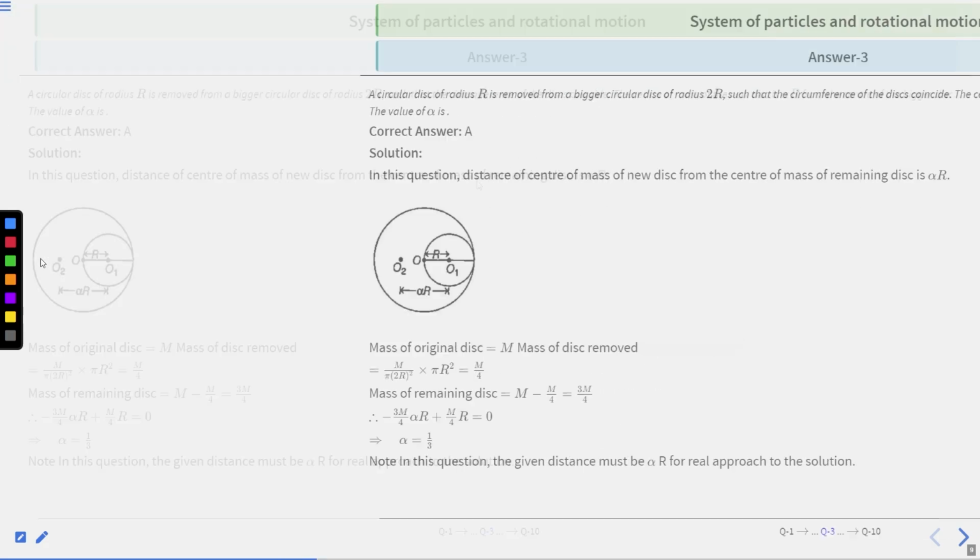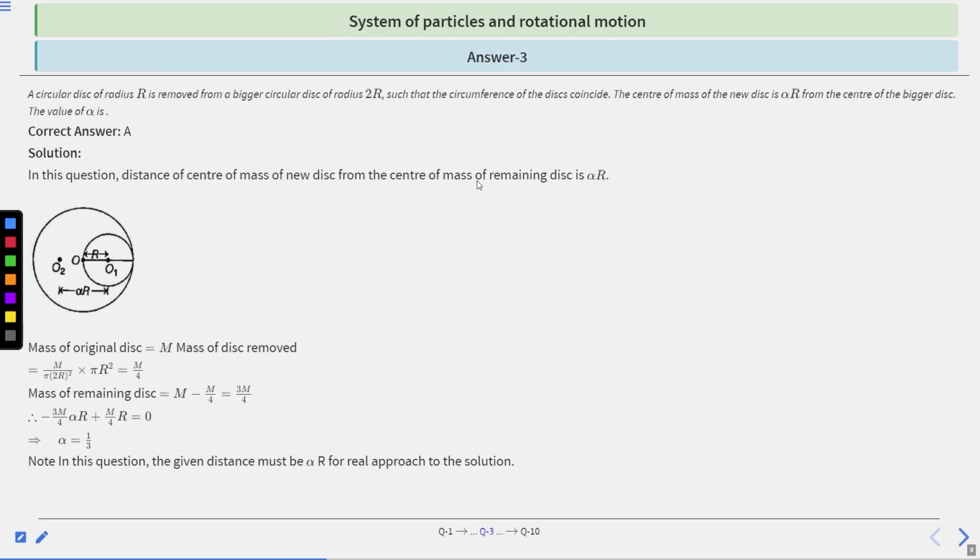Let's find the solution. The distance of the center of mass of the new disc from the center of the original disc is alpha r. The mass of the original disc is m, and the mass of the disc removed is m divided by pi (2r) squared, multiplied by pi r squared, which is equal to m by 4.